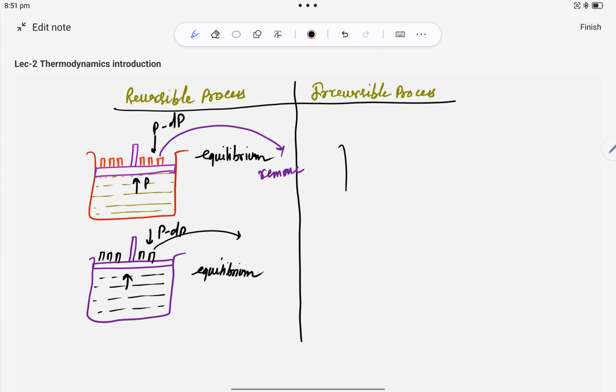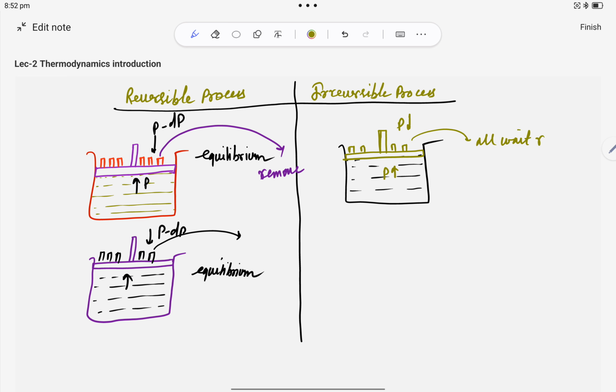But suppose here, piston, small weight, and equilibrium, pressure. So if you remove all the weight, suddenly expansion will take place.